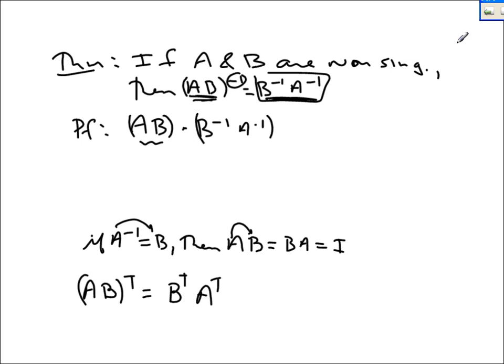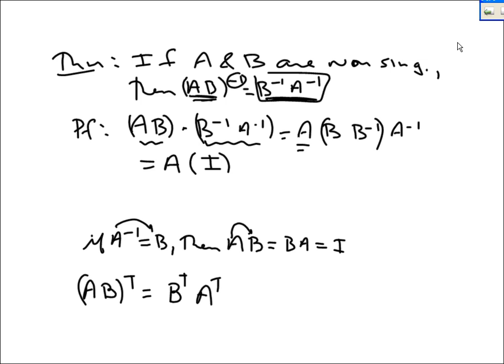This is AB, and we claim that's the inverse of AB. Well, what happens when I multiply them? I should get identity. And I have 4 matrices being multiplied together. I wrote it down in the same order, but I get to move the brackets around. What's inside the brackets is identity. B times B inverse is identity. A times identity times A inverse.